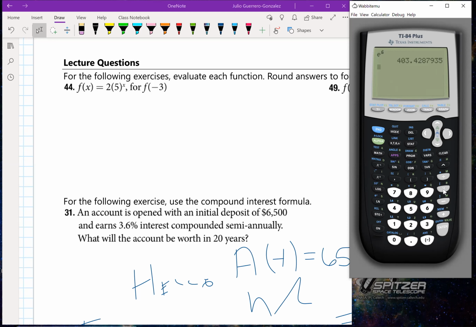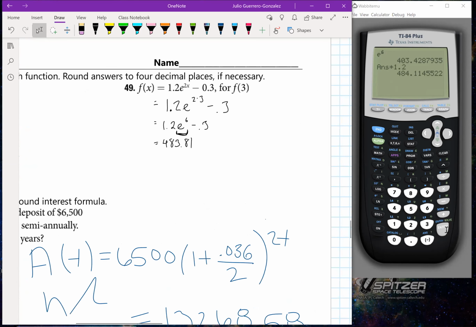And then from there you would do times 1.2, correct? Right. Well, close. Once you do the 1.2 times the stuff, then minus the 0.3. And then bam, you got 483.81.